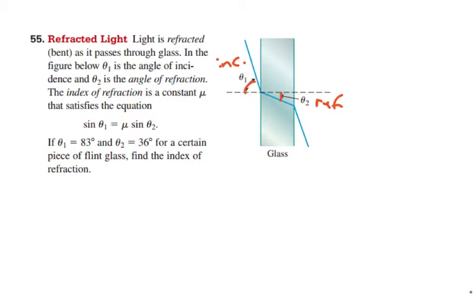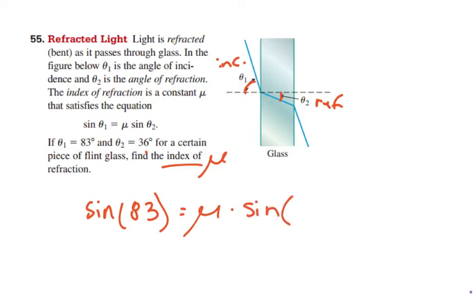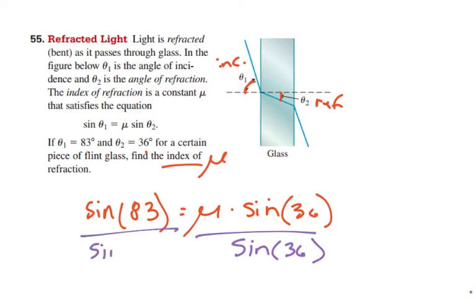So if the incidence angle is 83 and the refracted angle is 36, we want to find the index, the mu. So we just plug it in. Sine of 83 instead of theta 1 is going to equal mu times sine of 36. I'm sure they're not telling us to do it without a calculator, because those are not stopping points on a unit circle.